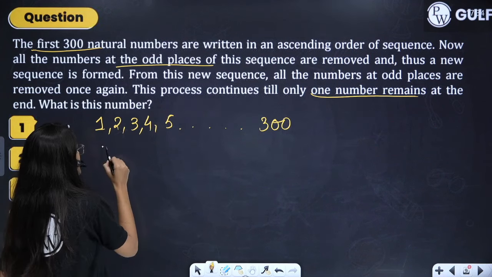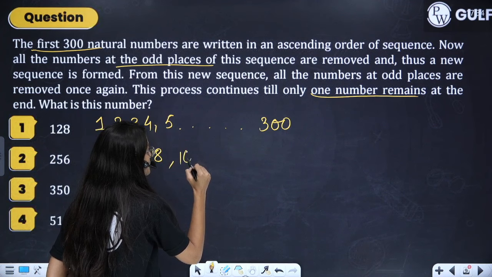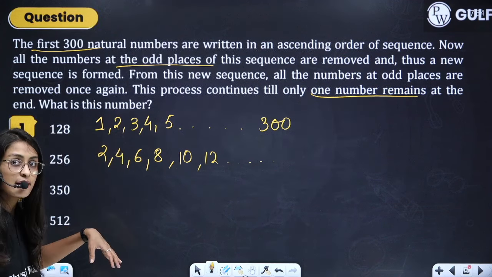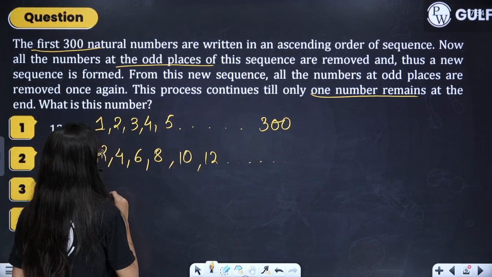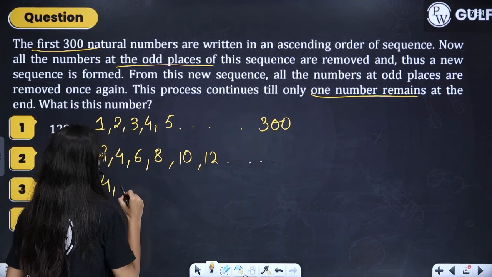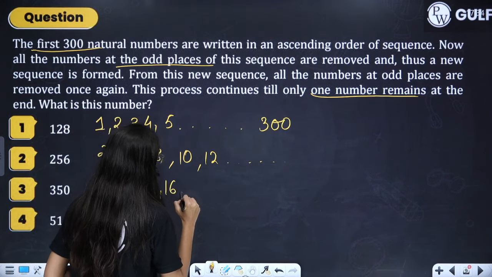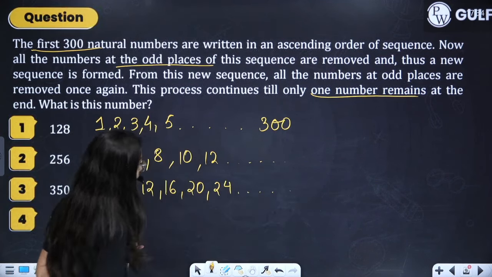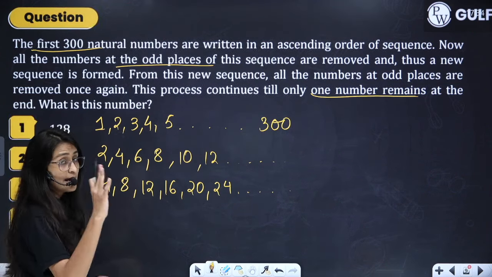So what will I be getting? And so on. I'll repeat this process again. I'll remove the odd places again. So I'll remove 2, 6, 10. See, what am I getting? Observe the pattern. Again, I'll be removing odd places.